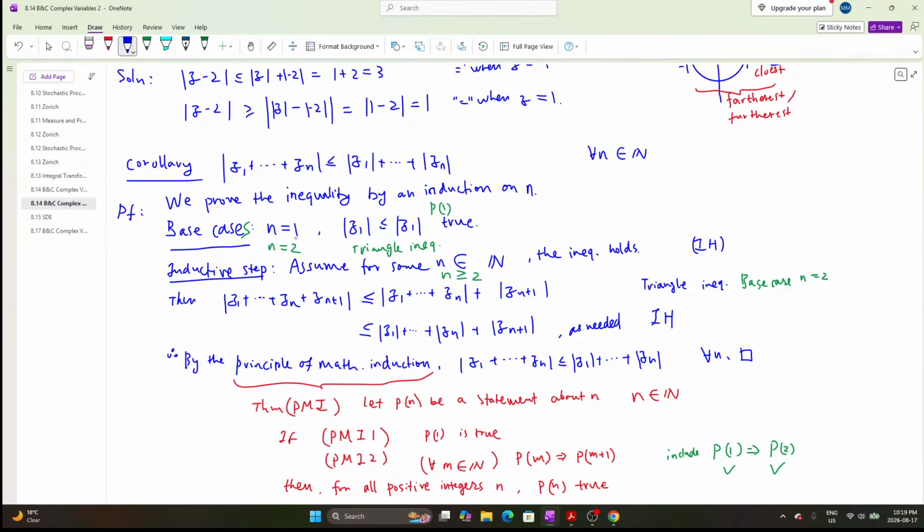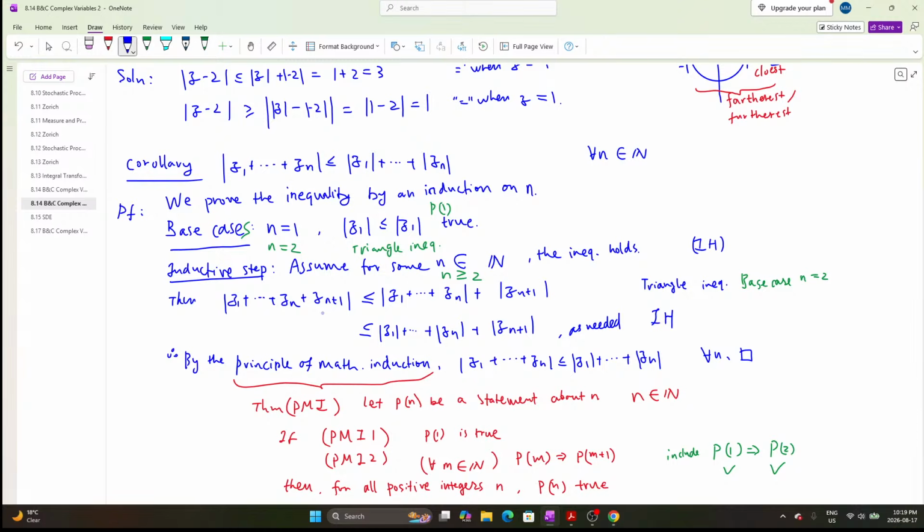So for base case n equals 1, of course, you get a tautology. Z1 absolute value less than or equal to Z1 absolute value. That's trivially true. And then I went on with the inductive step, assuming the inequality is true for some n, and we want to prove it is true for n plus 1.